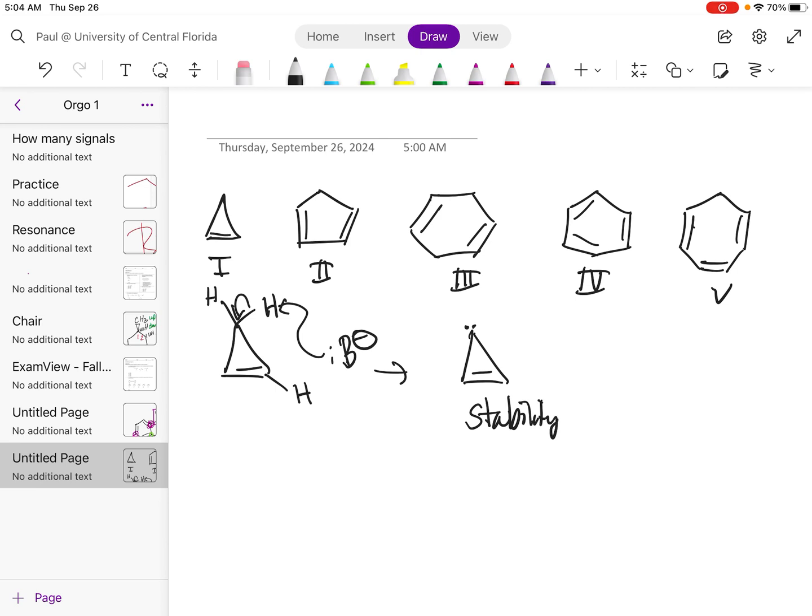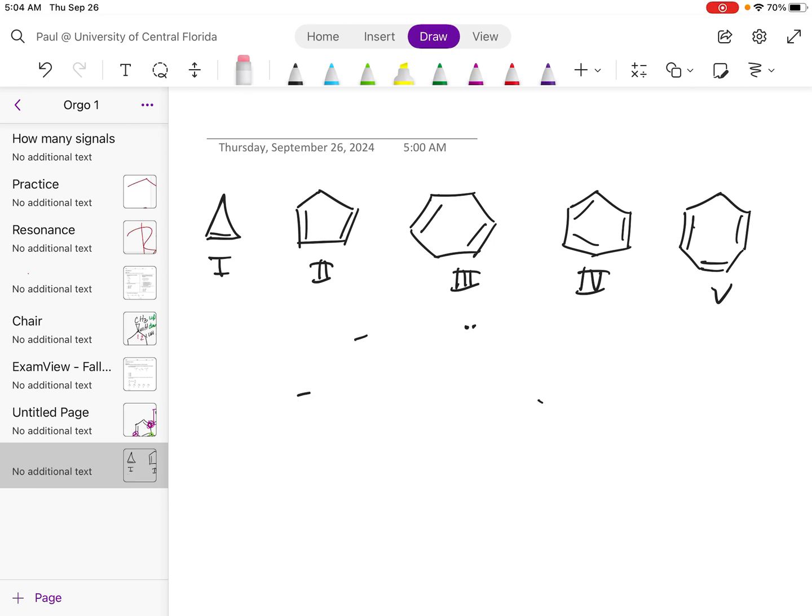So when we take a look at the conjugate bases of these 5 compounds, we have to find the one that's the most stable. So if we go through this, let's just draw all the conjugate bases of each one of these compounds. So we would have this guy right here.